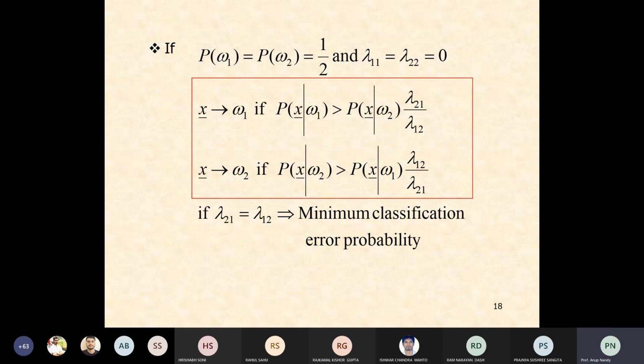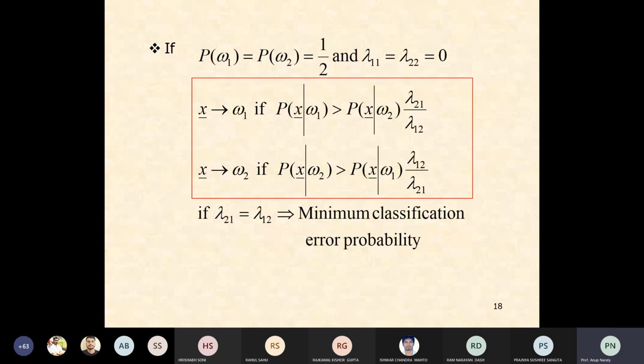If this condition is satisfied, P(x|w2) greater than P(x|w1) into λ12 divided by λ21, that is written over there. And if it is w1, then P(x|w1) is greater than P(x|w2) in this case. This is a special case, because in every case there will be a special case.